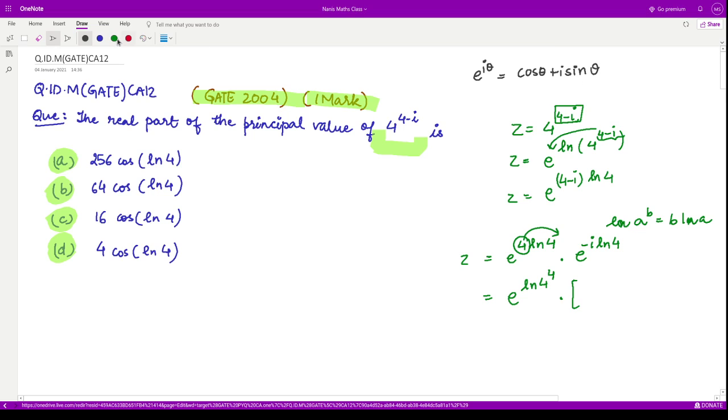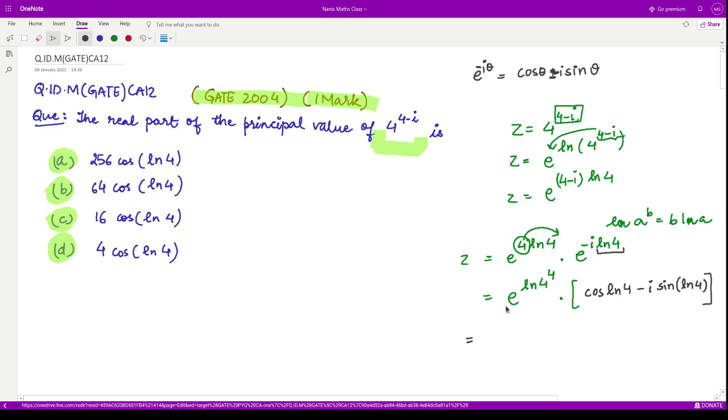So here we can write this thing to be cos of ln of 4, and if we have minus over here, it becomes minus here, right? So the angle is log of 4, cos of log of 4, and minus iota sine of log of 4, right?